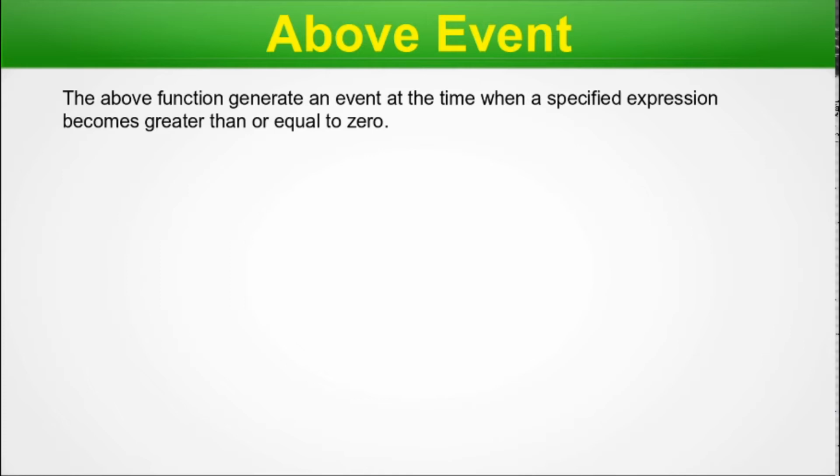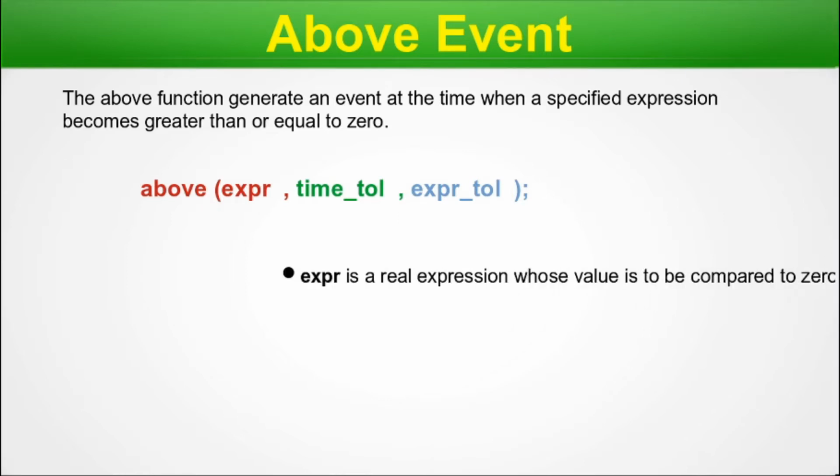Let's talk about the above event. The above function generates an event at the time when a specified expression becomes greater than or equal to 0. This is the syntax of the above event. The first argument is expr, then the time tolerance, then the expression tolerance.